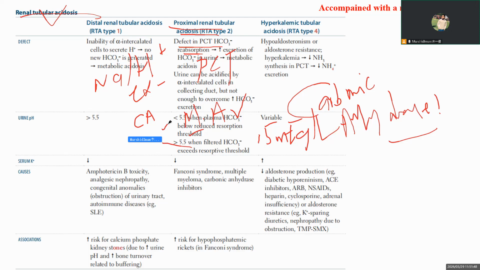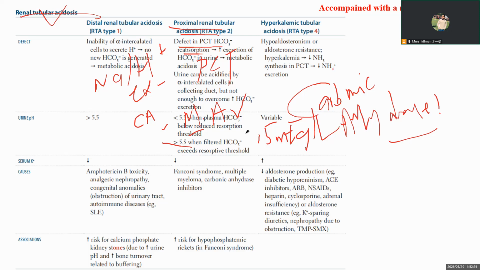But what happens if you give this patient bicarbonate? If you raise their plasma bicarbonate, what is going to happen? This is the question that should come to your mind. Remember that if you raise their plasma bicarbonate above the reduced threshold, the PCT becomes overwhelmed. The bicarbonate spills into the urine, and when bicarbonate reaches the collecting duct, it buffers the secreted hydrogen ion, raising the pH of the urine.